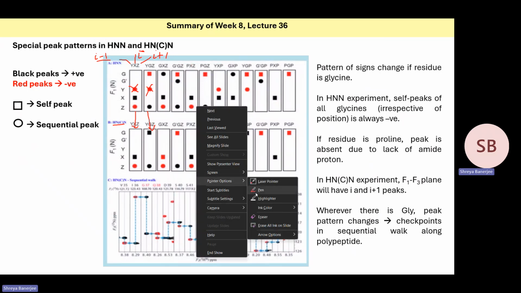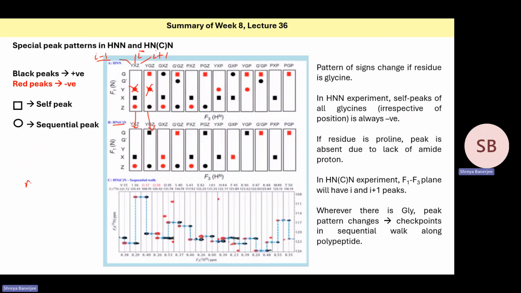Now, when you have a proline, if you remember, proline is a tertiary amide. So the N will be attached to CO and then it will continue to the next amino acid.